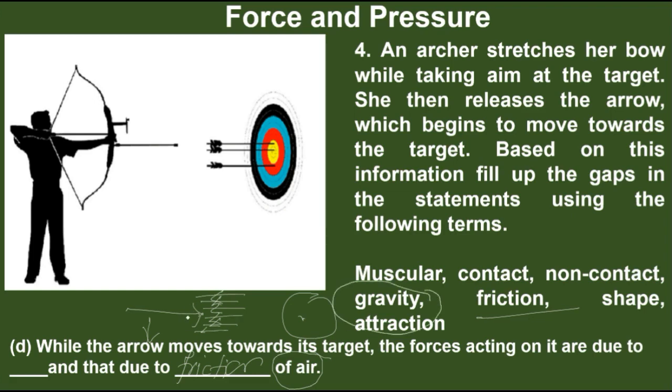The Earth is pulling it. So the answer is, while the arrow moves towards its target, the forces acting on it are due to gravity and then due to friction of the air. Is that clear?